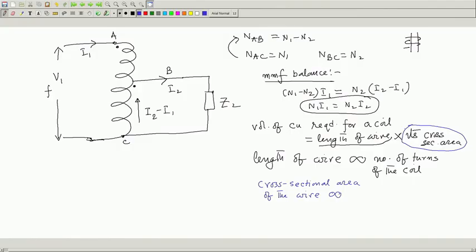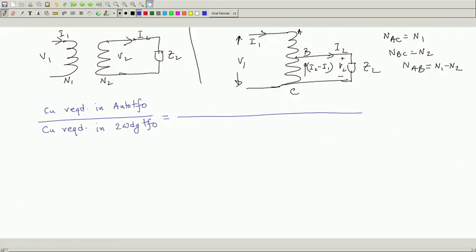So, the cross sectional area of the wire is proportional to the current it is carrying, and we are talking about rated current. At rated current, based on that the cross sectional areas are chosen.